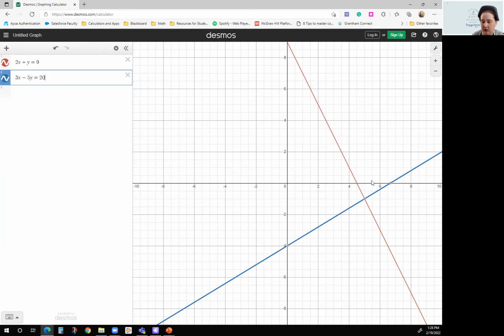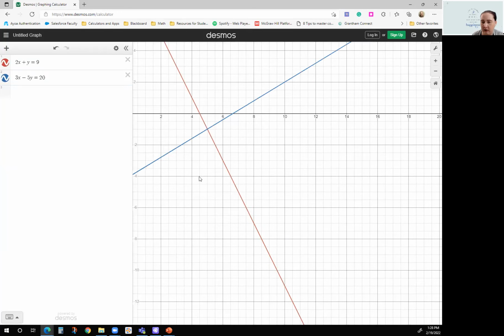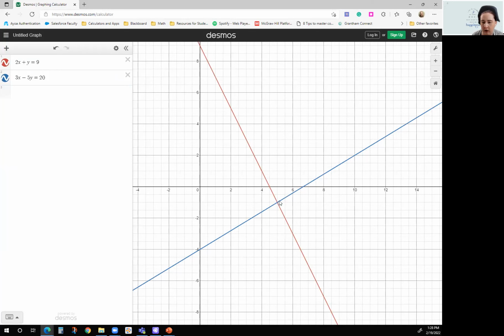And then you can see where they intersect. If you can't see it, you can scroll, zoom out or whatever. When you click on one of these lines and then hover over the intersection point, it will label it for you. And so that's another way to check your work, is to say, okay, 5 and -1. So graphing is great for checking your work with whole numbers.